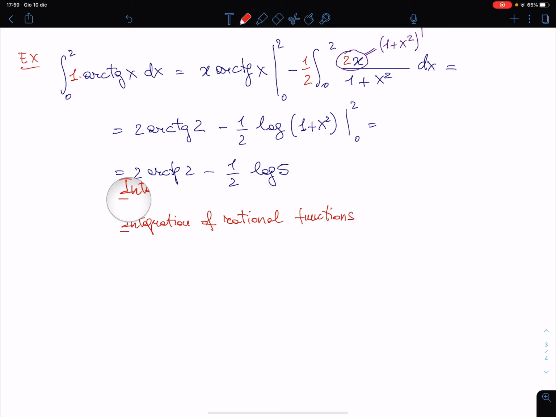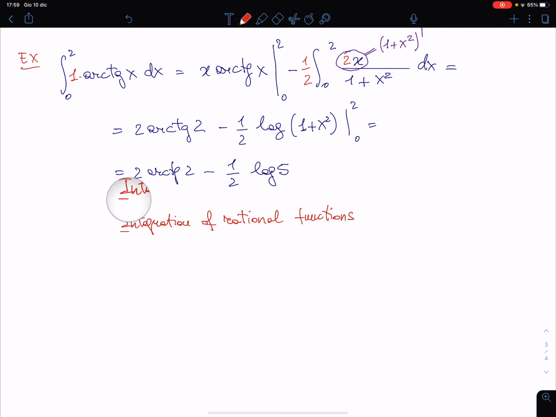So 1/2 times 2x divided by 1 plus x squared to the n, and in the integral you have the derivative of 1 plus x squared, and here 1 plus x squared to the n.